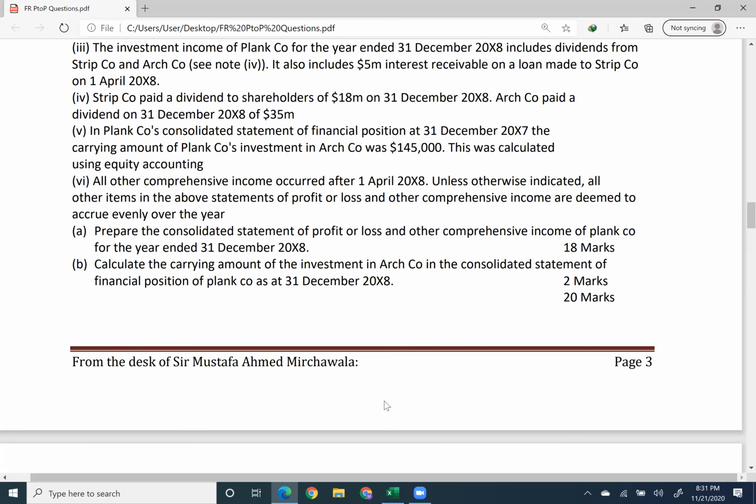The fourth thing is to deduct dividends you receive from associate. And the fifth thing is, if there is a P to A sale, then remove the URP share as well, URP multiplied by your holding percentage. This I taught you.